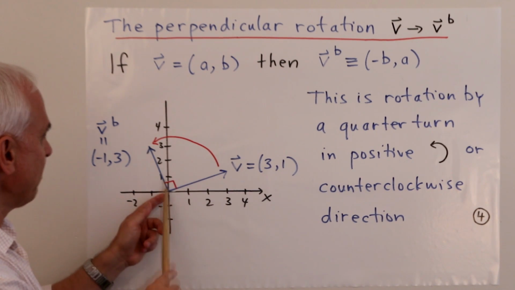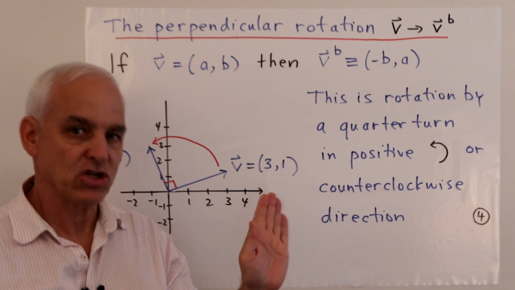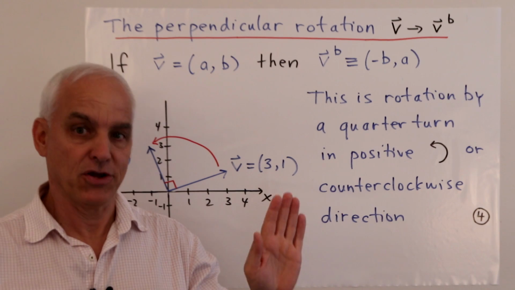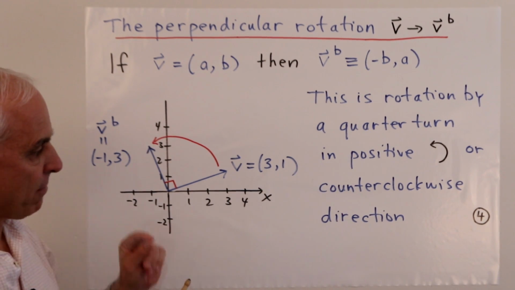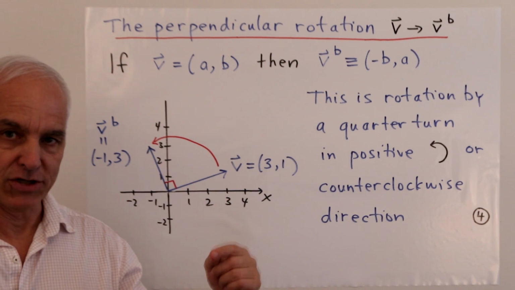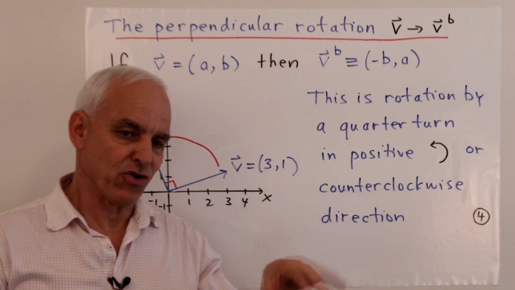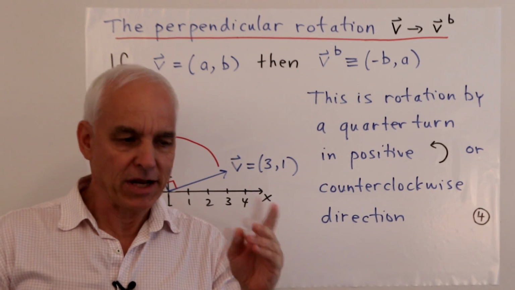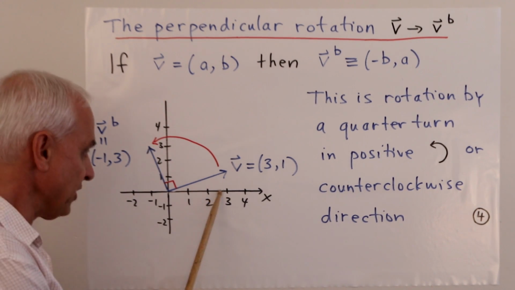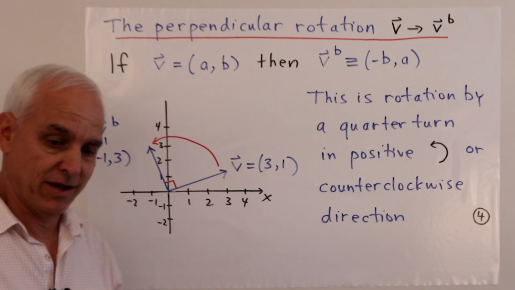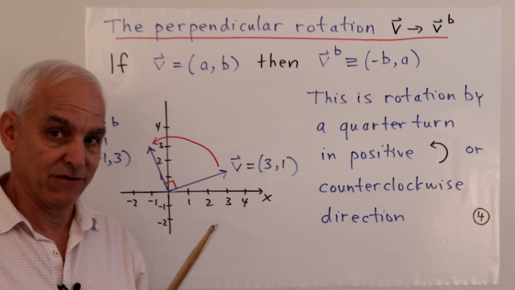So (3, 1) goes to (-1, 3), and we can see that visually this is a rotation by a quarter turn, or 90 degrees, or pi by 2. All right? And it's a rotation in the positive or counterclockwise direction. When we're talking about determinants, rotation directions matter, and orientation becomes important. And so it's useful to keep in mind this convention that if we're going around in this direction, that's generally considered to be the positive direction, while this direction is the negative direction.